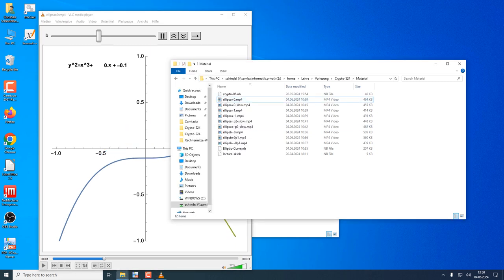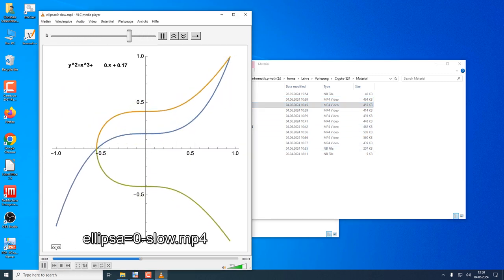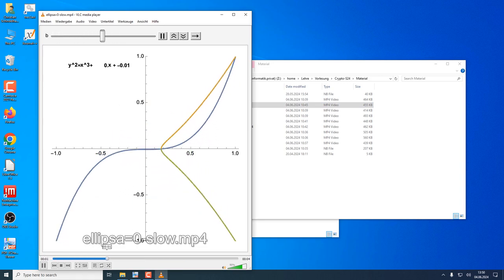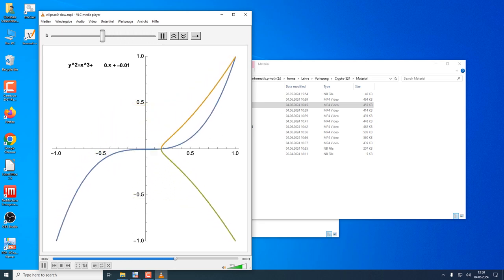So I think I have this in slow somehow. If I can read with small letters here. I have this here, okay. So you can see here that it suddenly jumps over.